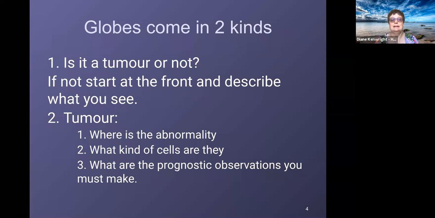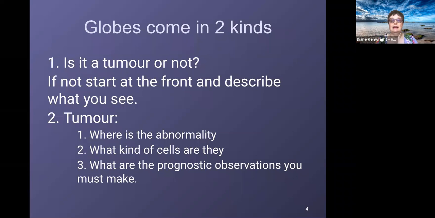We can expand that, for example, by saying the slide contains a tumor at the posterior part of the eye, which arises in the choroid and breaks through Bruch's membrane, forming a mushroom shape. Okay? So where is the abnormality can be quite a detailed description of what you see at low power. We'll come back to the importance of low power momentarily.